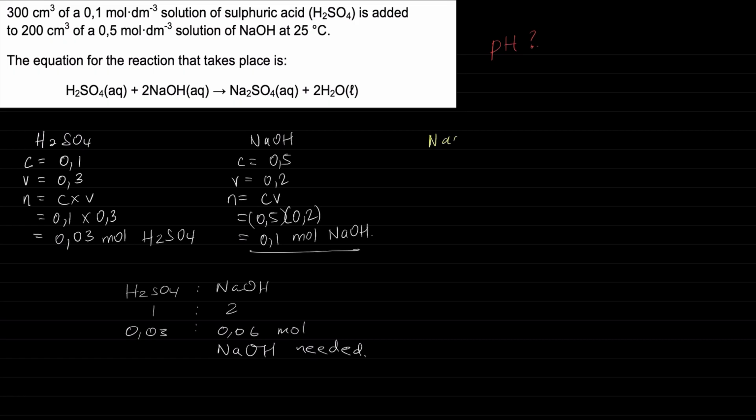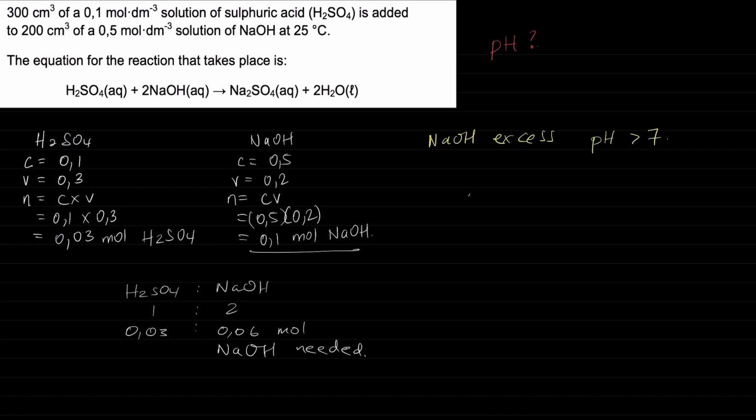So the NaOH is going to be in excess, which means that our resulting pH should be greater than 7. And that's because NaOH is a base. So now, next we should be working out how much of the NaOH is left over.